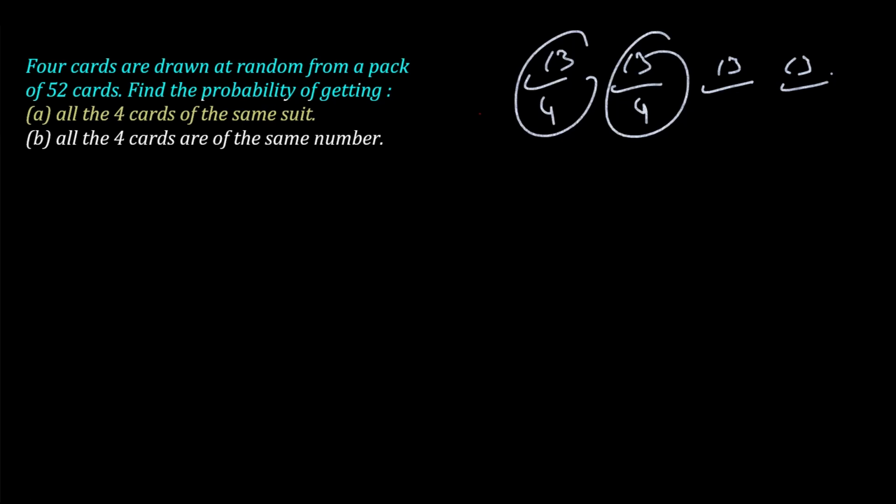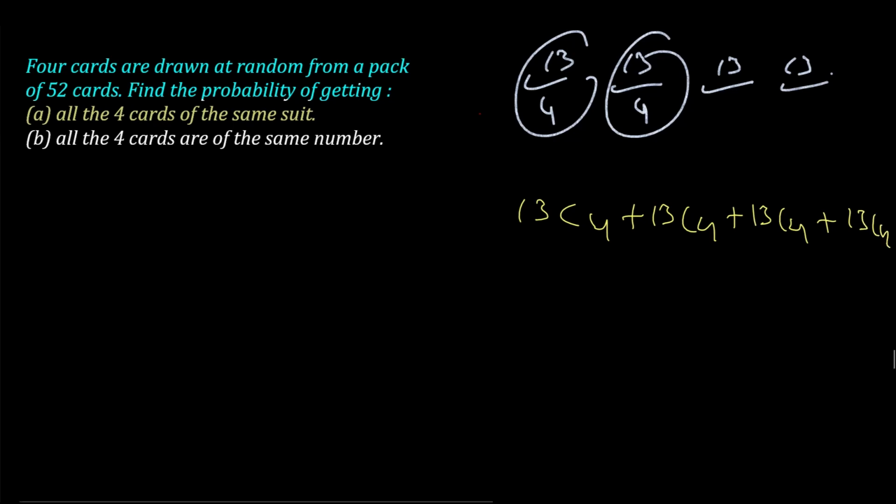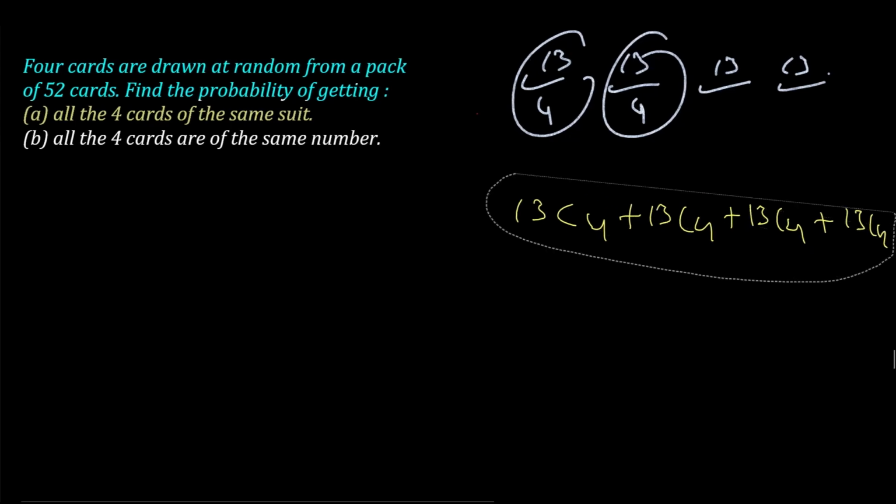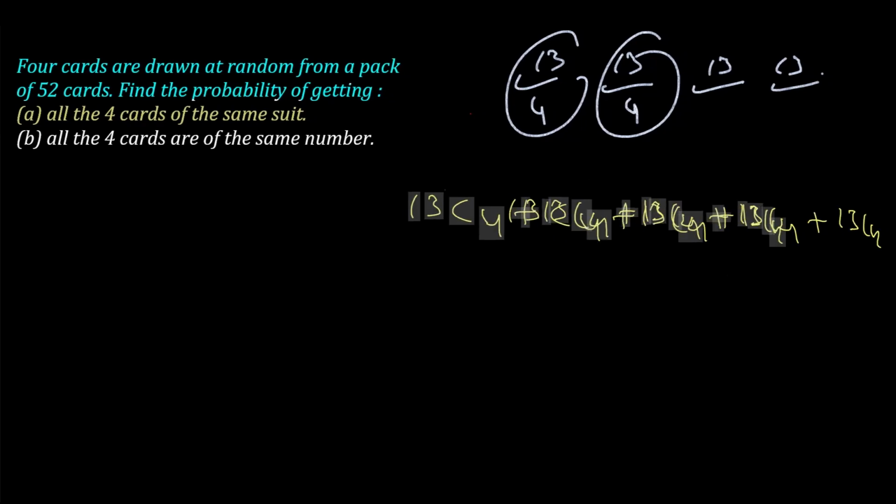If all 4 cards are diamonds, then it should be taking out 4 cards from 13 diamonds. But it's a possibility that it could be 13C4 for clubs, or 13C4 for hearts, or maybe spades and so on. So this is the total number of ways of taking out 4 cards.